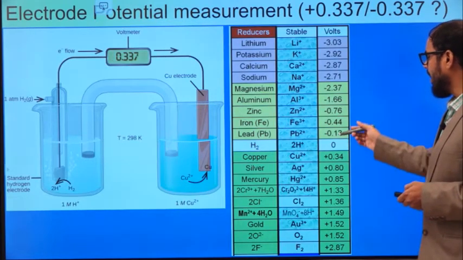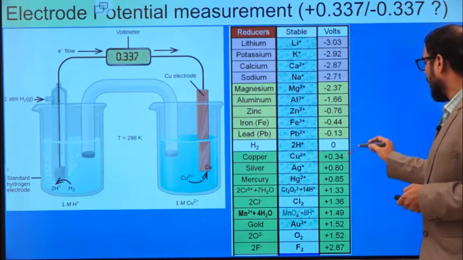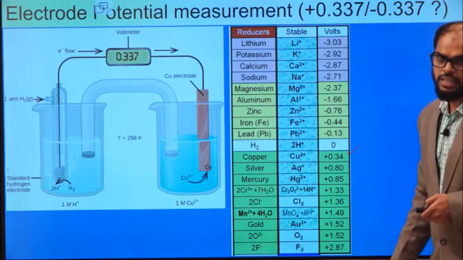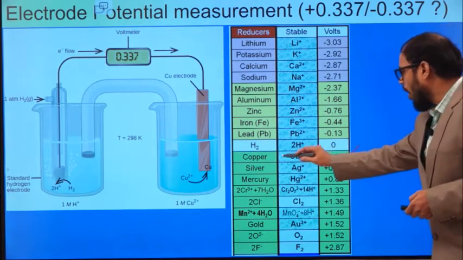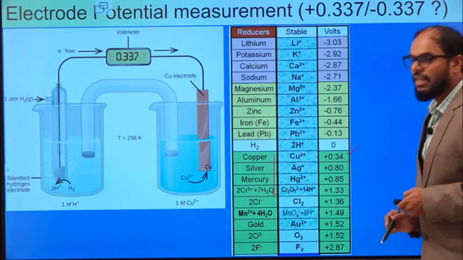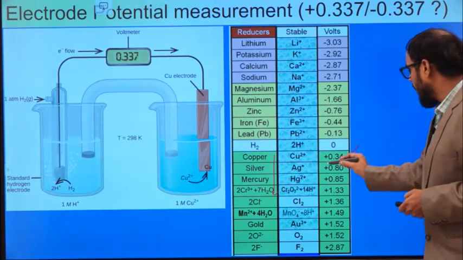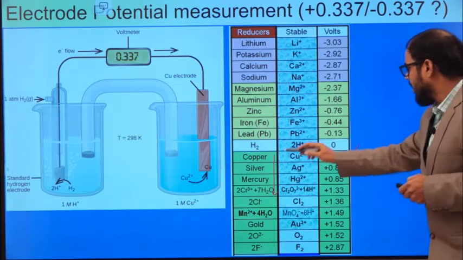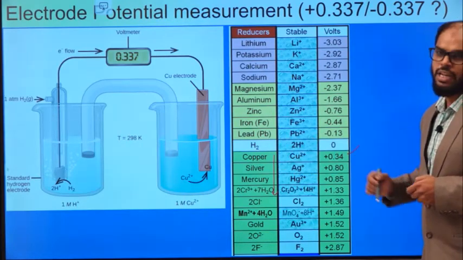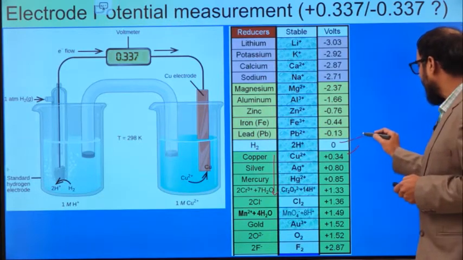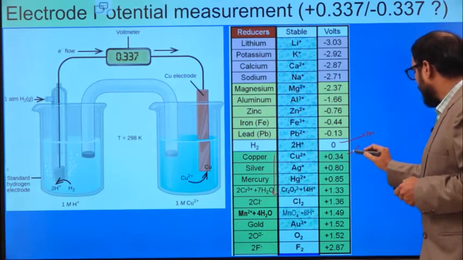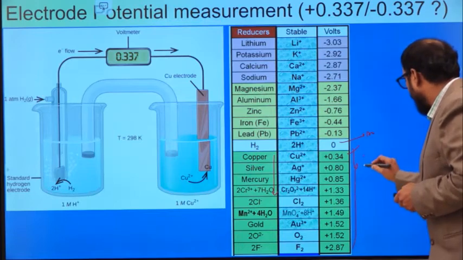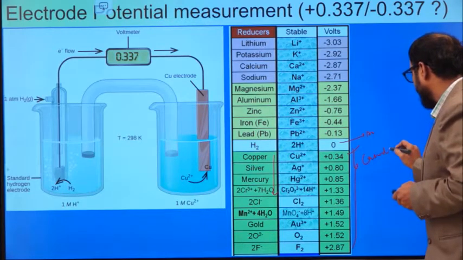This can be easily seen in the electrochemical series, where along with copper even other metals have got a plus value, which clearly indicates that when these metals are connected to the SHE electrode, the SHE will act as an anode, and the metals which are placed below will act as a cathode.